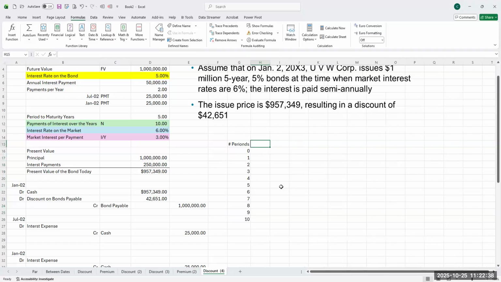Next one will be, we can go with the balance. I'm trying to improvise here, so you can see that you can create this chart by yourself. Next one will be the payment. Next one will be the interest expense.